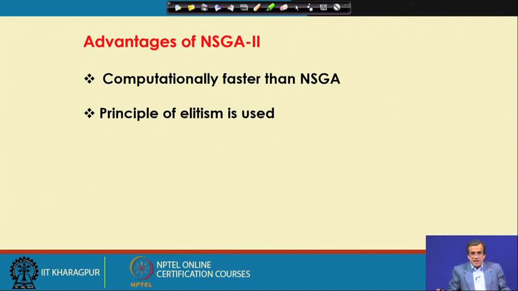Now, using this NSGA 2, there is a possibility that we will be able to find out the Pareto front of solutions. Now, if you see the literature, there are a few other algorithms to tackle these multi-objective optimization problems, particularly problems having either 2 or 3 objectives.